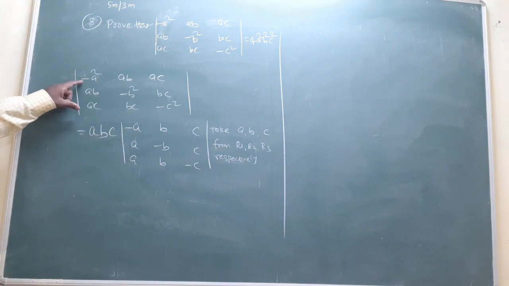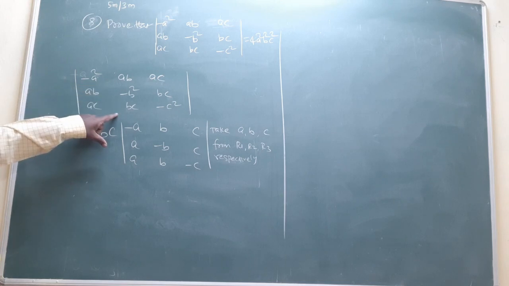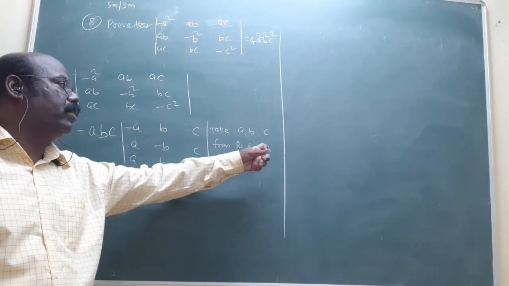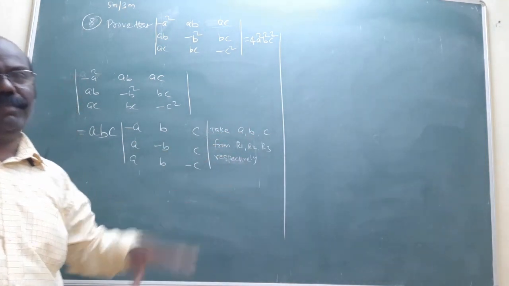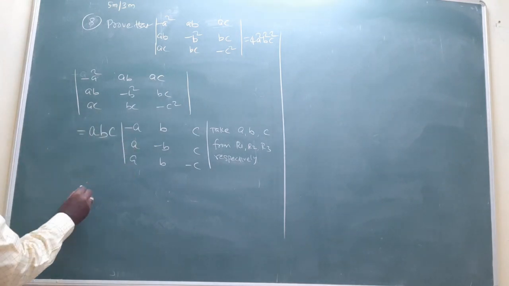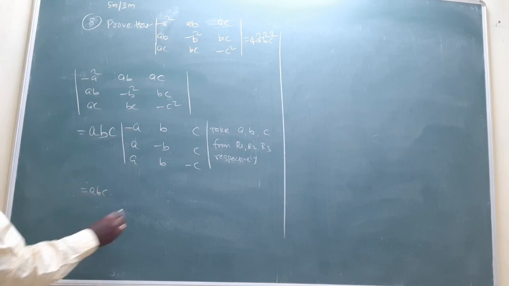Actually, in column 1 A is common, column 2 B is common, column 3 C is common. Taking A, B, C from C1, C2, C3 is also possible. But I am starting with the row. Already ABC is there.